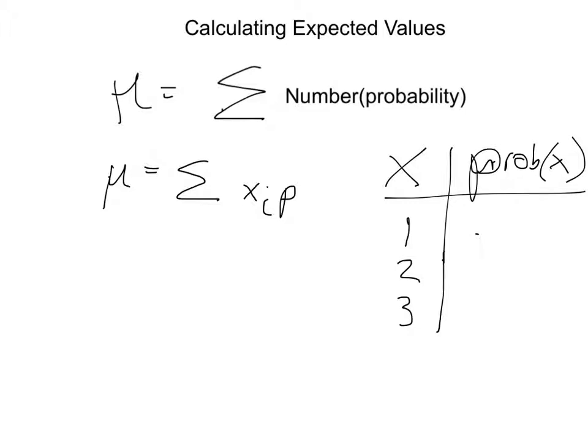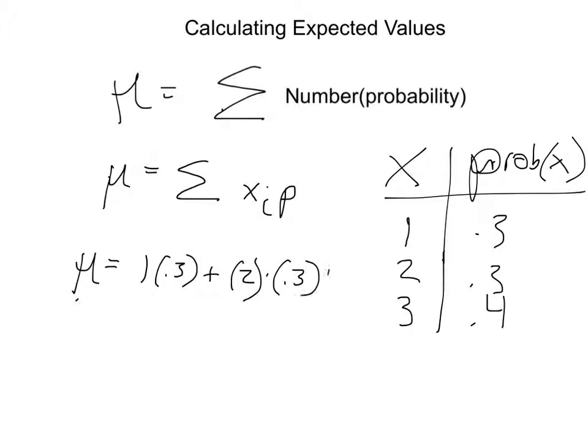The probabilities are 0.3, 0.3, and 0.4. How we would set this up, we would do mu equals 1 times 0.3 plus 2 times 0.3 plus 3 times 0.4. And that's going to equal 2.1. So this is going to be mu.